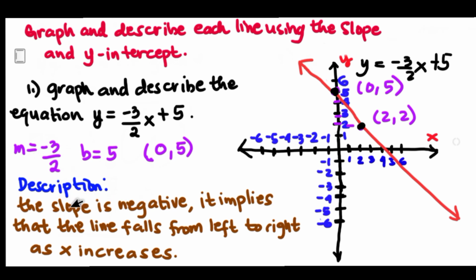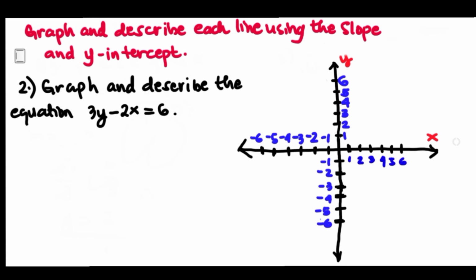The description is, the slope is negative. It implies that the line falls from left to right as x increases. So from left to right, it goes down and down. As x increases, as x extends, it goes down and down. It is not spaghetti, but it goes down and down because the slope is negative.